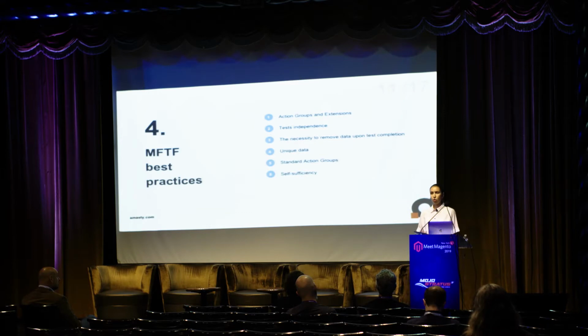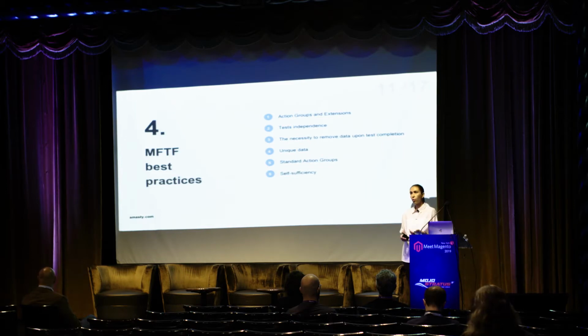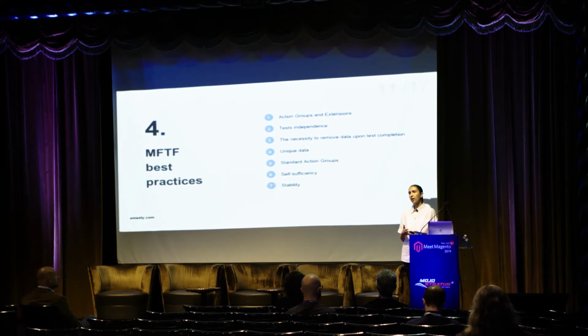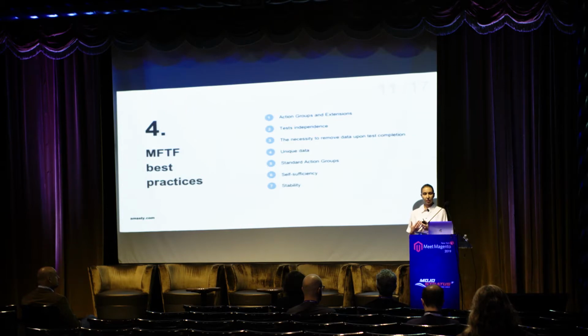Auto tests should not depend on any data that may disappear or change over time or at any given moment. A few words about stability. If there are no bugs in the extension, the auto test should always be completed. This seems to be obvious, but really not always easily achieved.